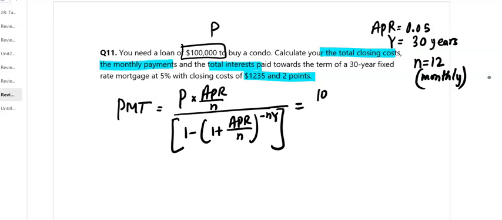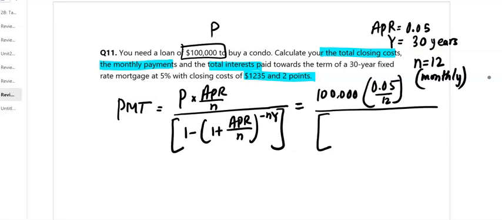Let's put in P as 100,000 and APR as 0.05 divided by 12, divided by the bracket 1 minus (1 plus 0.05 divided by 12) to the power of negative 12 times 30.